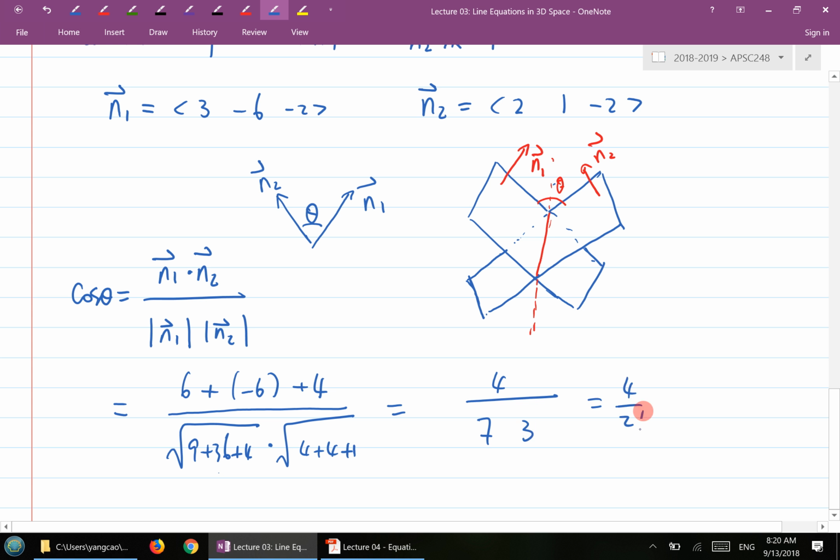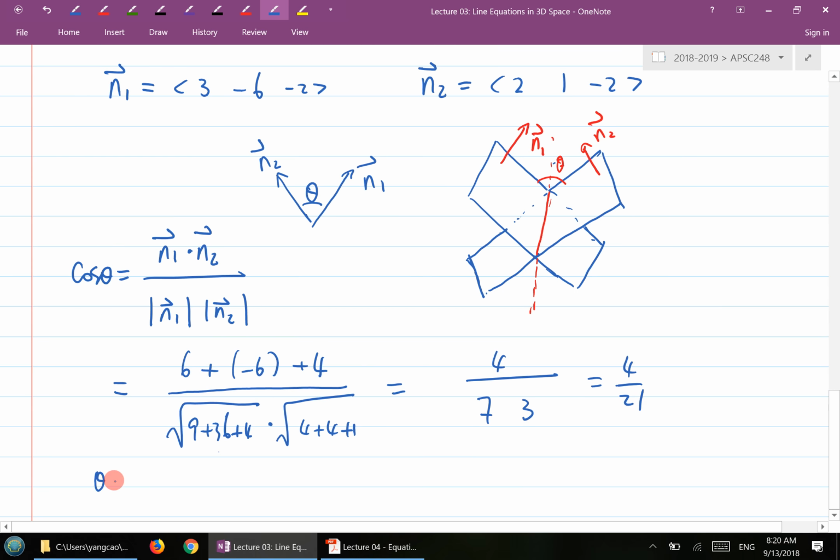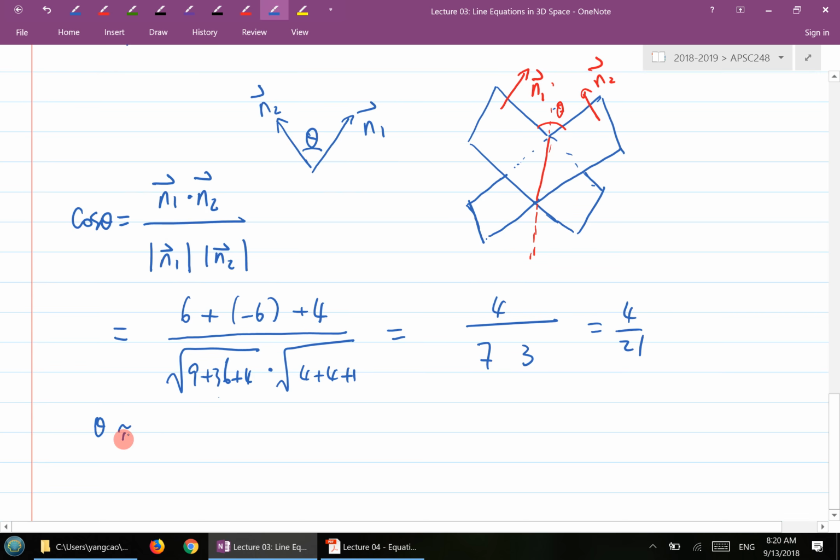So cosine theta equals 4 over 21. Then you can calculate the arc cosine, and you get your theta angle, which is approximately 1.38 radians if you use your calculator.